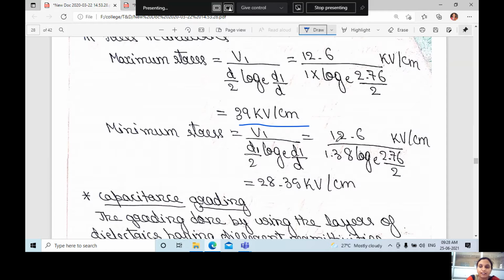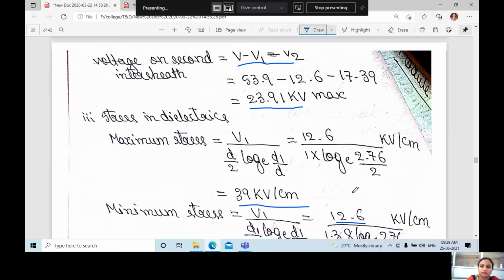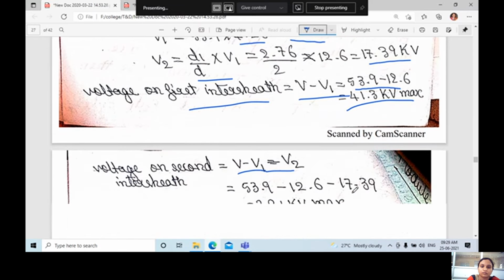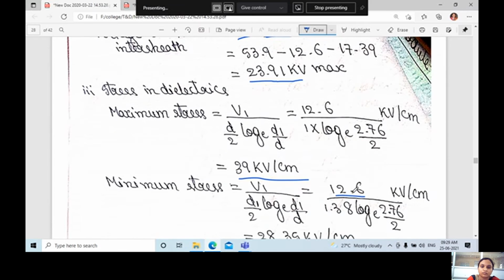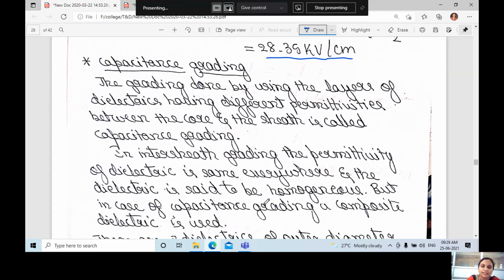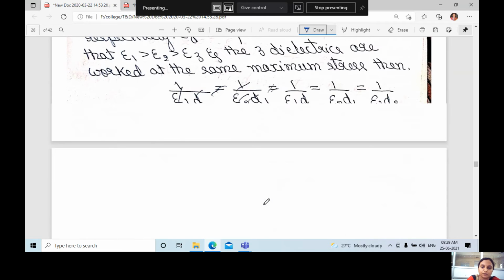D1 value, V1 value is 12.6. Substitute, you will get 28.35 kilovolt per centimeter. V2, substitute here V2. Next, grading problems.